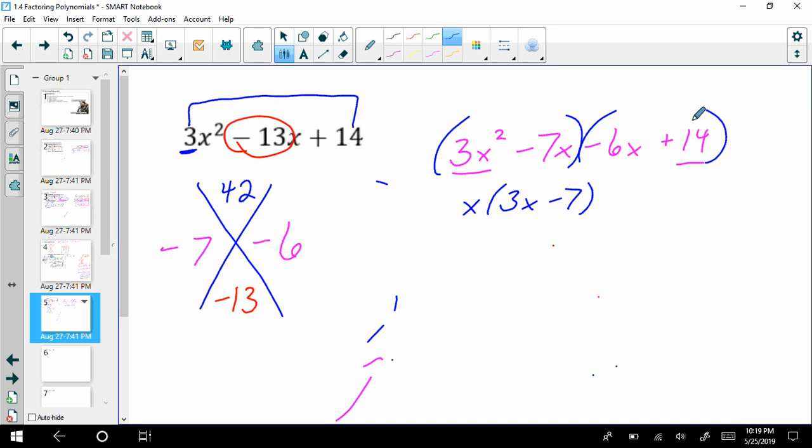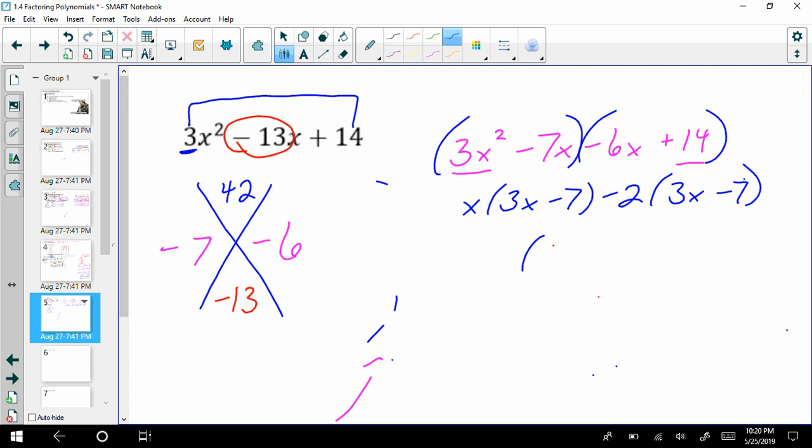Now, we have to be a little bit smart here. In the back group, what can I take out? And you might say, oh, the biggest number that comes out of them is 2. I actually want to take a negative 2 out, because by doing that, then they'll both be 3x minus 7.